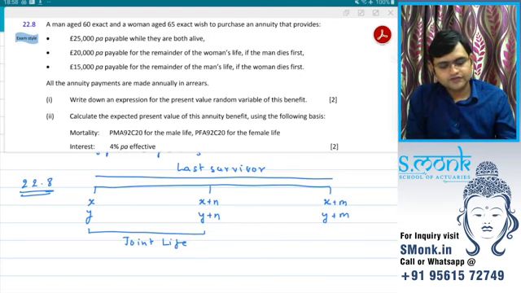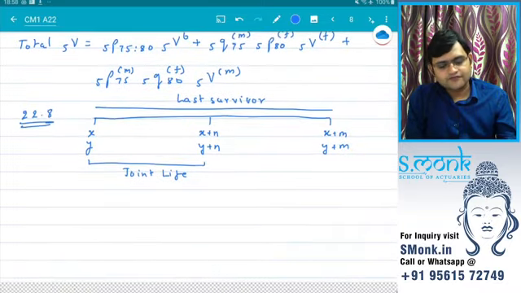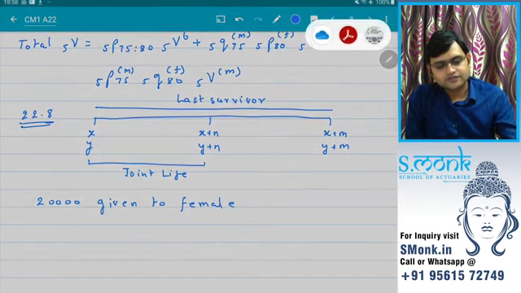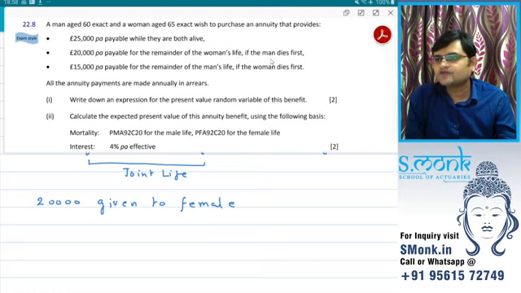Now, whenever we are trying to calculate how much payment should be given at what point, we can use these terms to figure out how much payment was given to what person. So see, if I say 20,000 given to female, let's say from the beginning, see what they have said is 20,000 was payable for the remainder of woman's life if man dies.